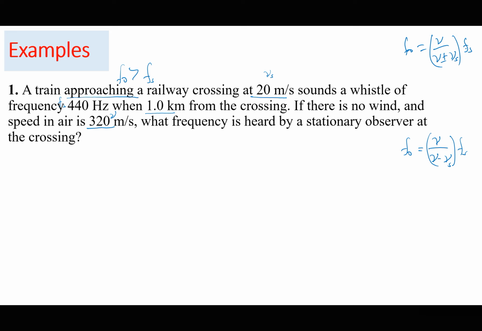So we make a simple substitution. f0 is going to be 320 divided by 320 minus 20, then we multiply this by the frequency of the source, which is 440. Because it is approaching, we expect the observed frequency to be greater than 440.